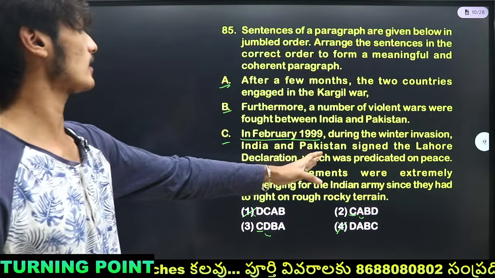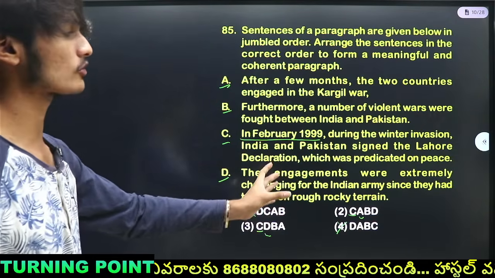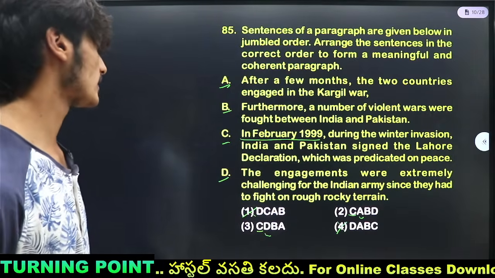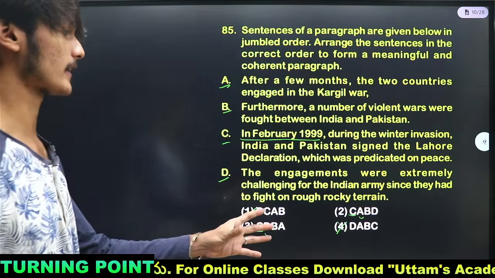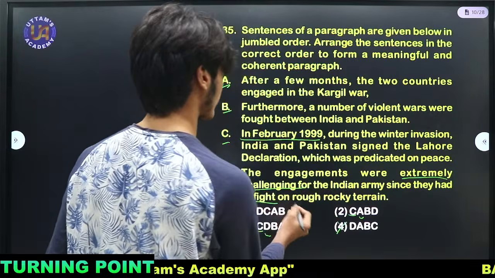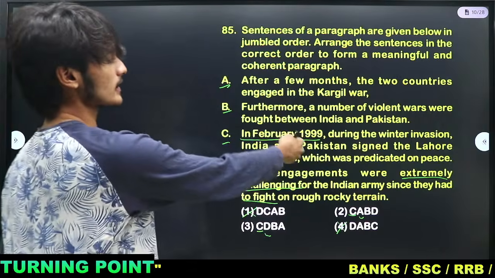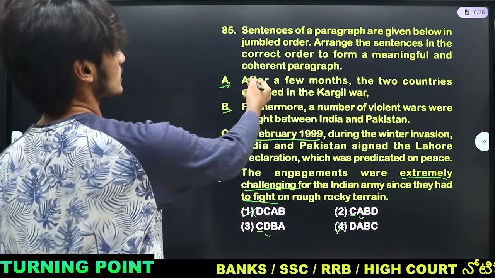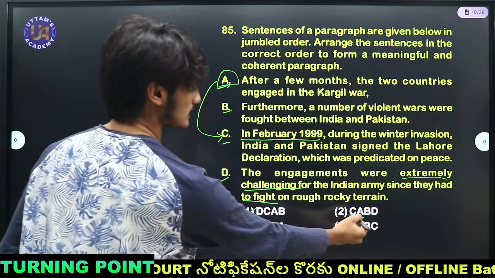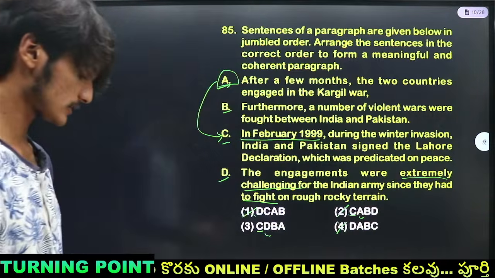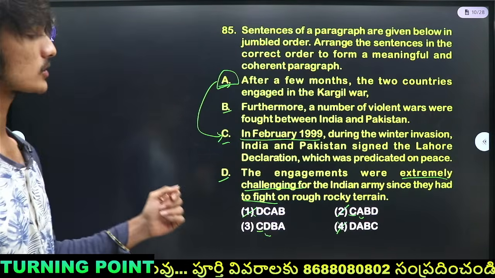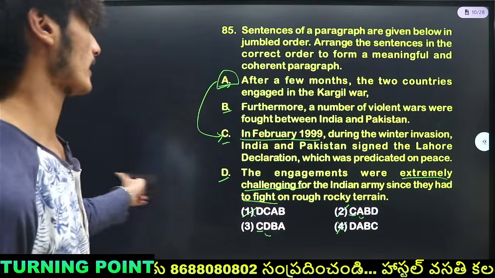D says the engagements were extremely challenging for the Indian Army since they had to fight on rough rocky terrain. Here we have extremely challenging for the fight, but in the previous sentence there is nothing related to a fight. So A must be next after C. CABD, option 2, is the right answer. Those who have answered option 2 got it right.